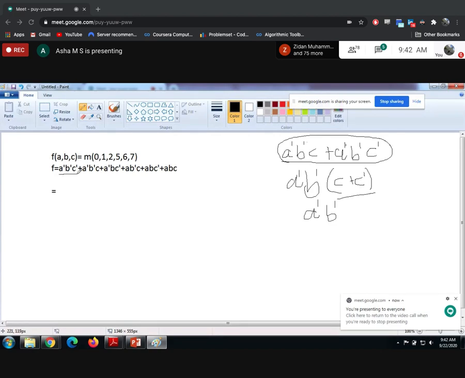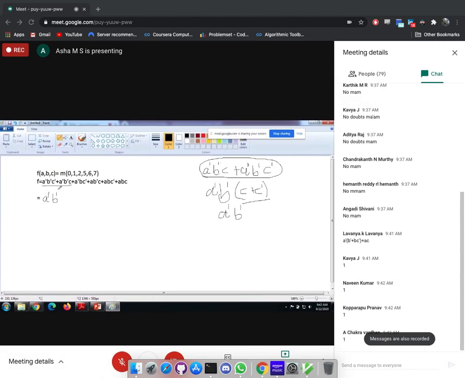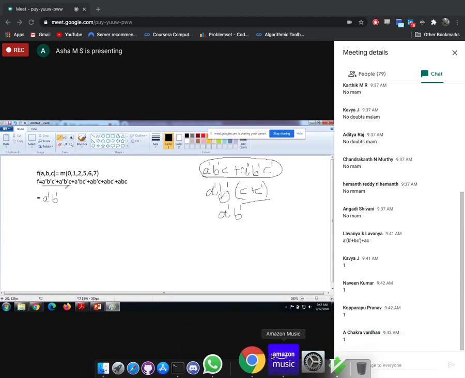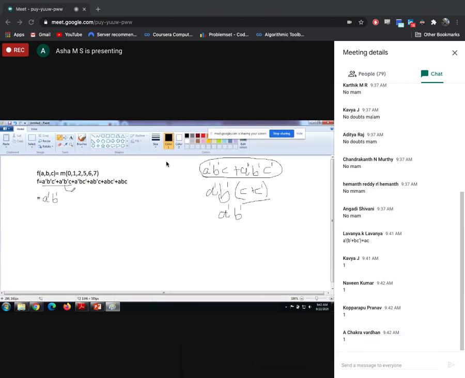Similarly, try to minimize these two expressions. If you take the first two, a bar, b bar is common. So what I'll write? A bar, b bar. Compare similarly this and this, this and this.